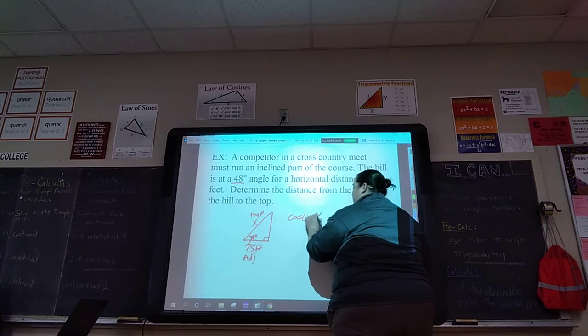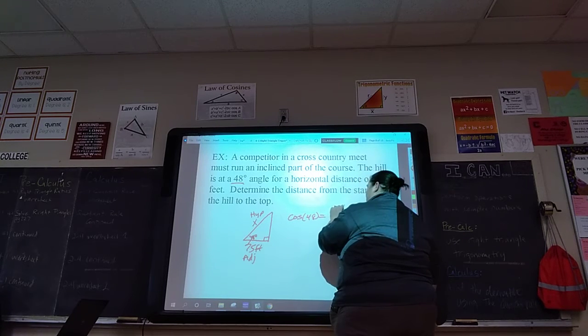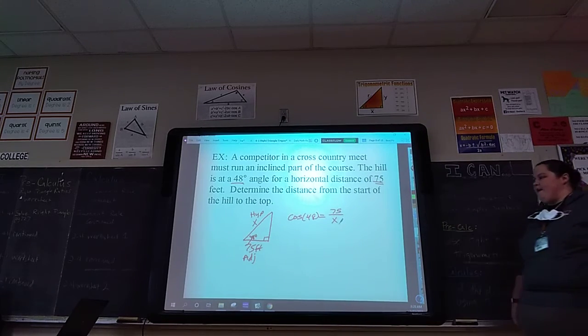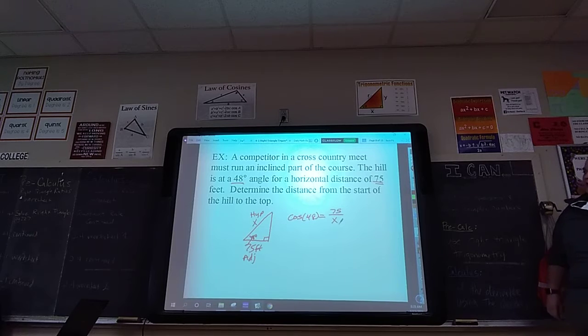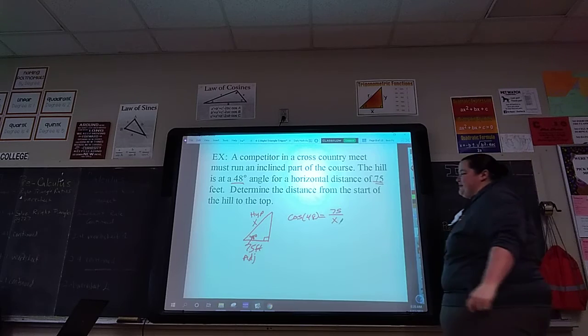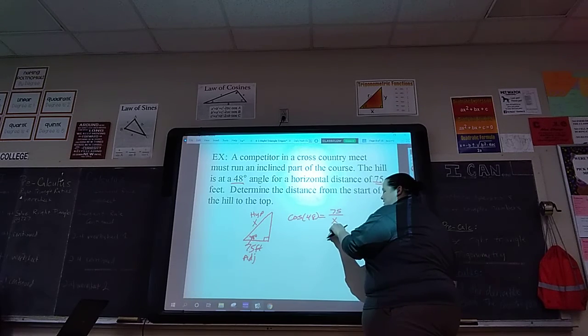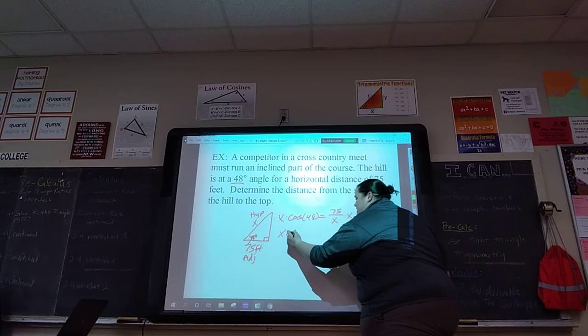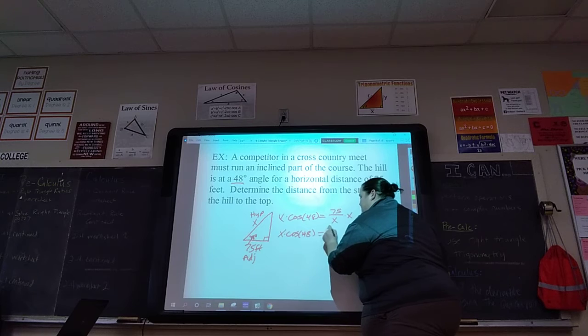So cosine of the angle equals adjacent over hypotenuse. We also use sine sometimes too. Alright, so again, x is on the bottom. We're going to multiply the x over here. So we have x times cosine of 48 equals 75.